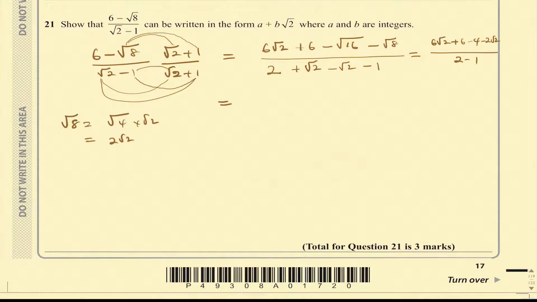So I'm getting 4 root 2 plus 2 over 1, which is the answer for this one: 2 plus 4 root 2. So that's the answer for rationalizing the denominator, where A equals 2 and B equals 4.